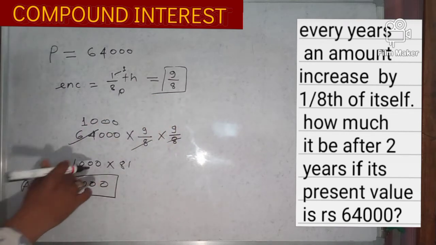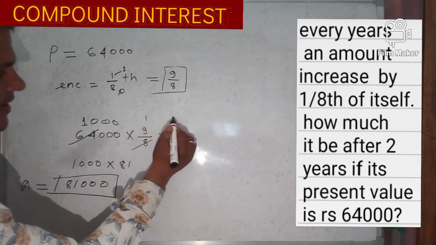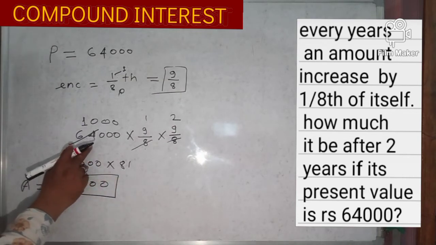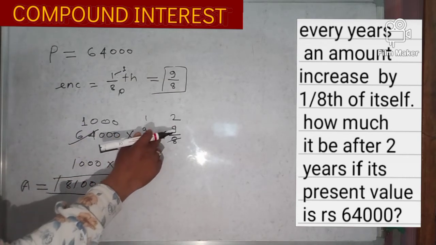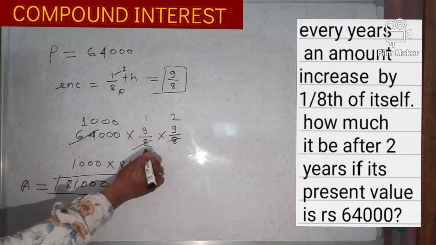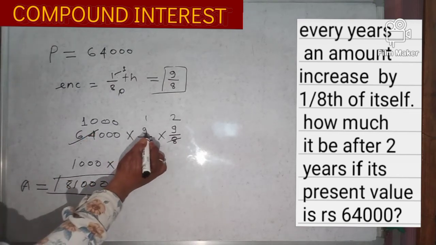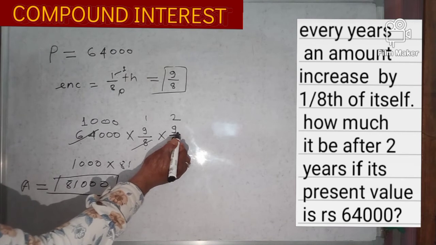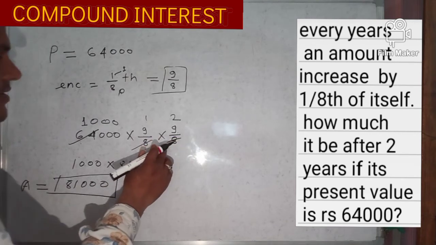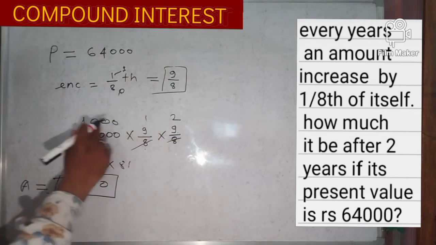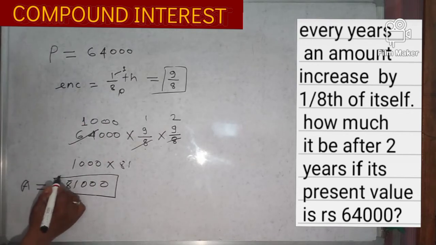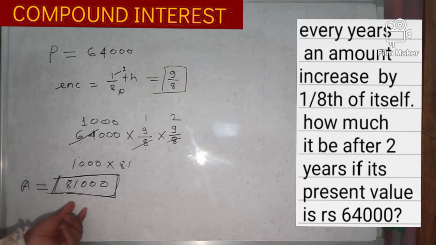So it is increasing for 1 year and for 2 years. So 64 into 9 by 8 into 9 by 8. 8 into 8 is 64, so 64 and 64 cancel. 9 into 9 is 81. So 81 into 1,000 will be 81,000. So our answer is 81,000.